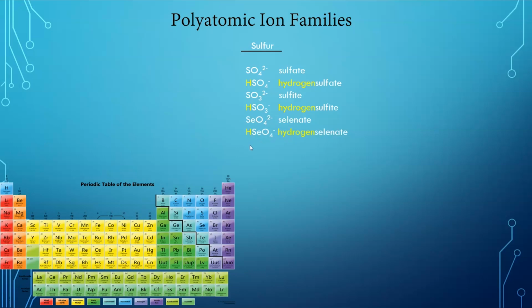We can remove an oxygen and turn it into selenite, and then we can add a hydrogen to that one, and we'll make it hydrogen selenite. So the sulfur has 8 members of its family. So now with the carbonate, the nitrate, the phosphate, and the sulfate, those big 4, we have a total of 24 different variations that we can figure out.